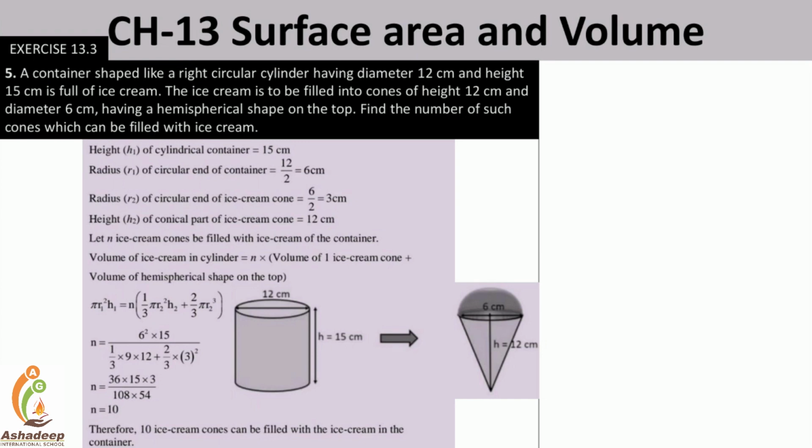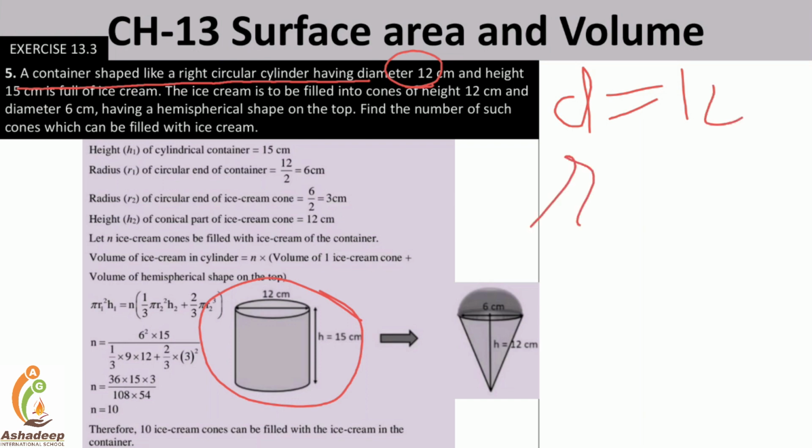Now let's move ahead with the next sum. A container shaped like a right circular cylinder having a diameter. The diameter is given, that is 12, and the radius is going to be 6.